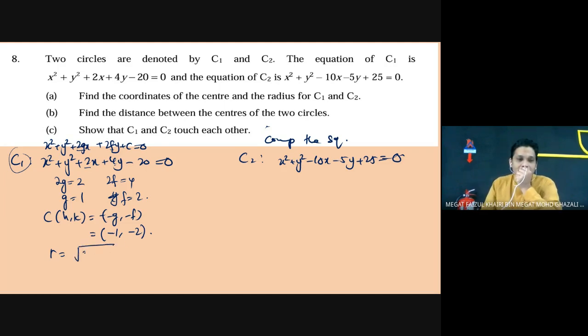Class, come on. Can somebody tell me what is the formula of radius? Come on. If you bring your lecture notes, then you can tell me the formula of radius.